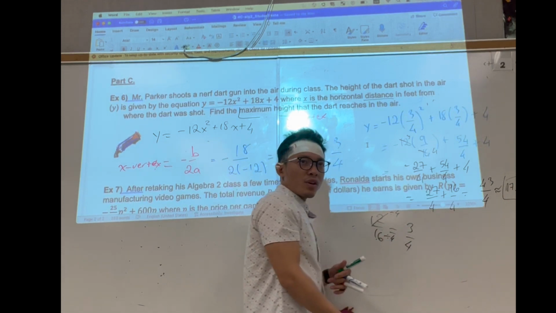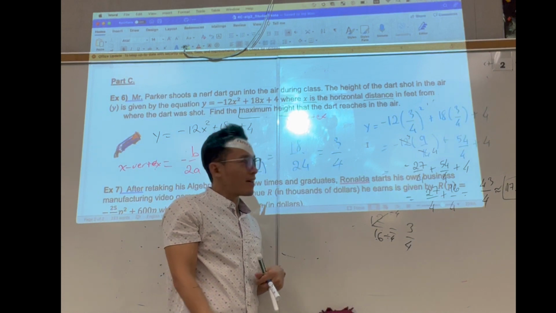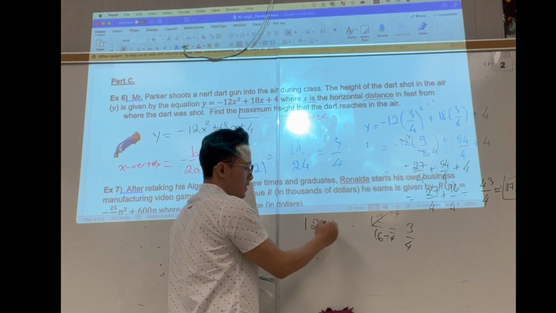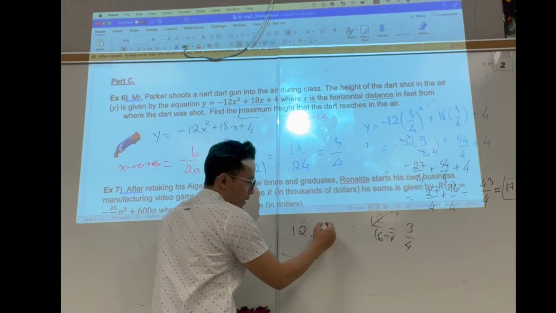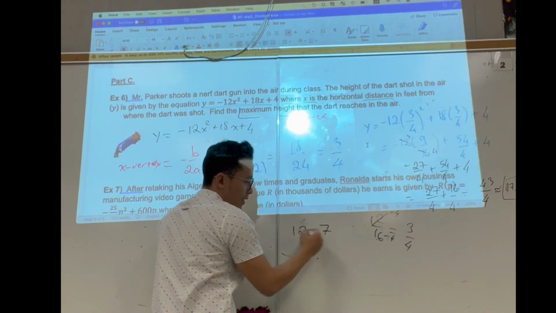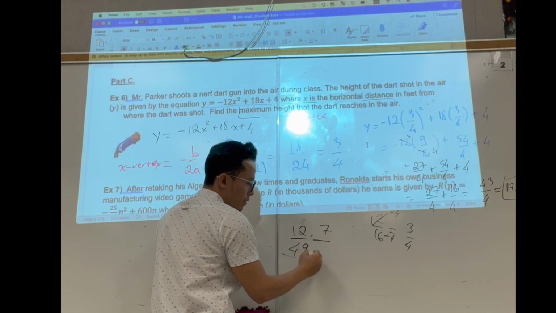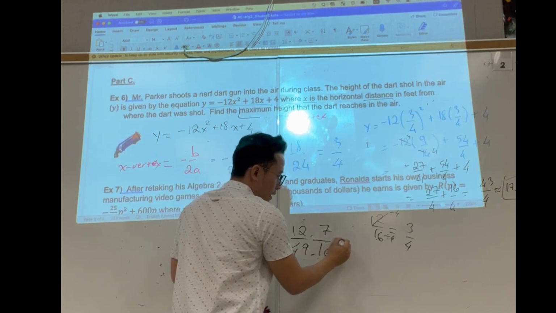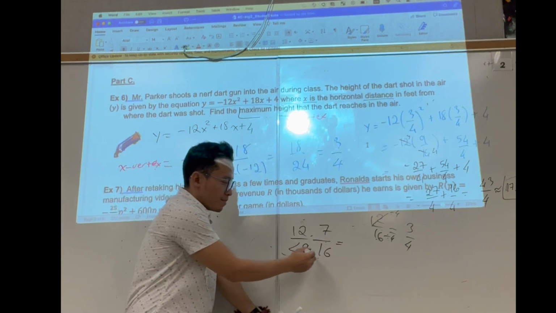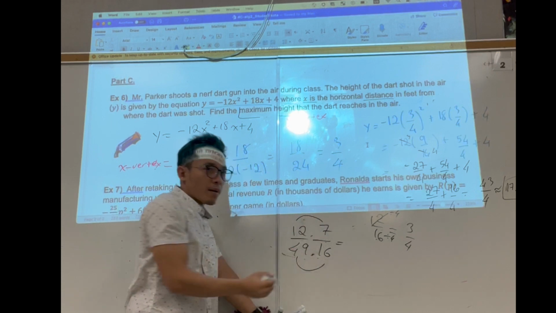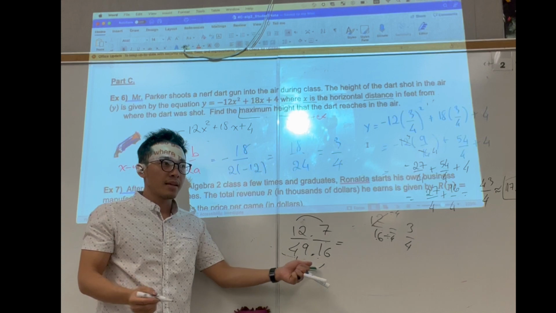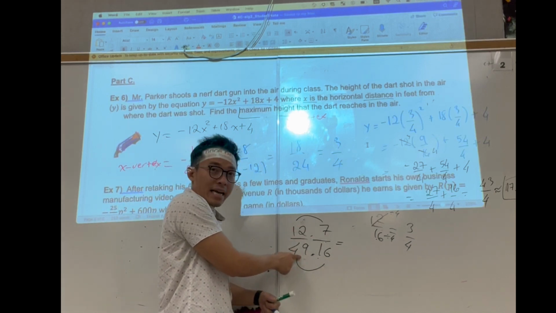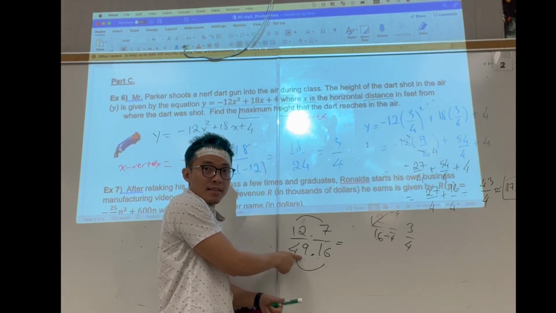Do you know you can do this? Oh, interesting. Maybe this is a new thing for you then. Maybe you can multiply 7 by this: 49 times 16. Do you know instead of multiplying top to top, bottom to bottom, you can just cancel the numbers on the top and the bottom? Like 7 and 49, can you cancel it? Yes, right?